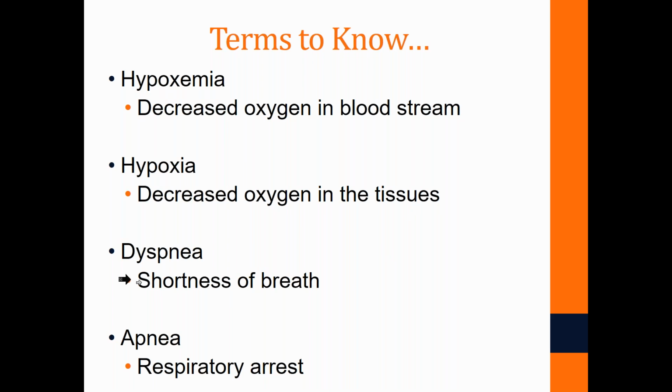And we wind up going from shortness of breath to low oxygen in the blood to low oxygen in the tissues. And soon enough, the respiratory effort is now no longer sustainable. And our patient goes from respiratory distress to respiratory failure. And once your patient goes into respiratory failure, the next step from there is respiratory arrest.